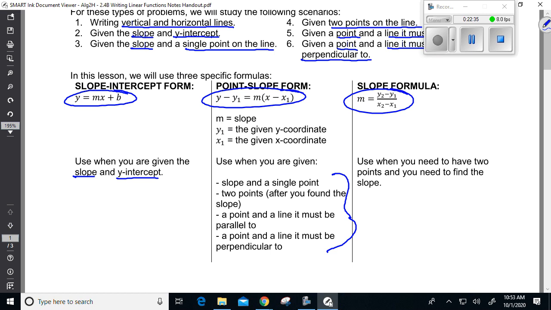And the slope formula, when you have 2 points, and you need to find the slope. So, it's not going to just say, use this method to do this problem. You have to look at what's given to you and make the determination. So, yes, we're going to look at several different scenarios, but it's up to you to make the determination and then solve the problem accordingly.